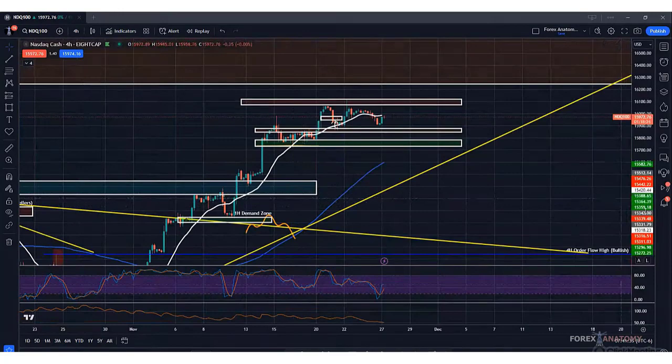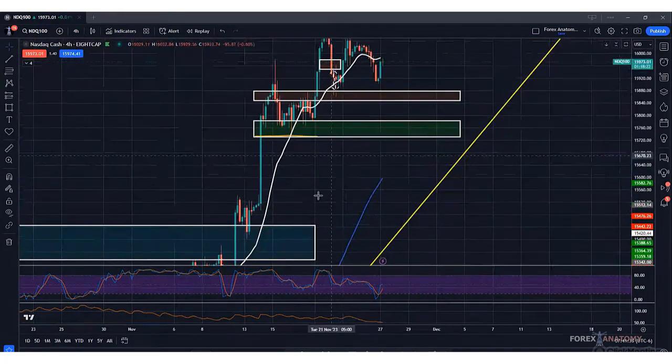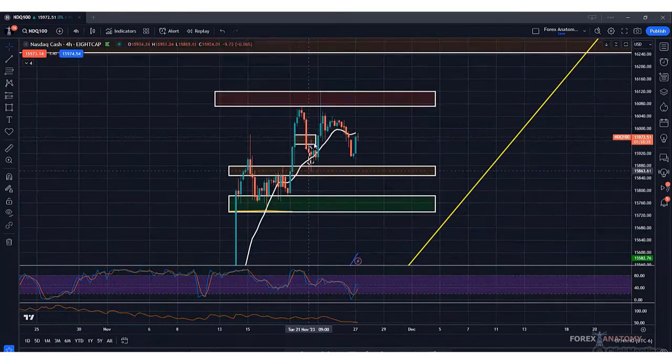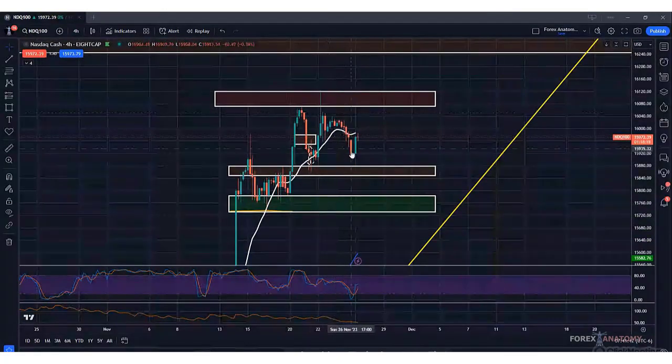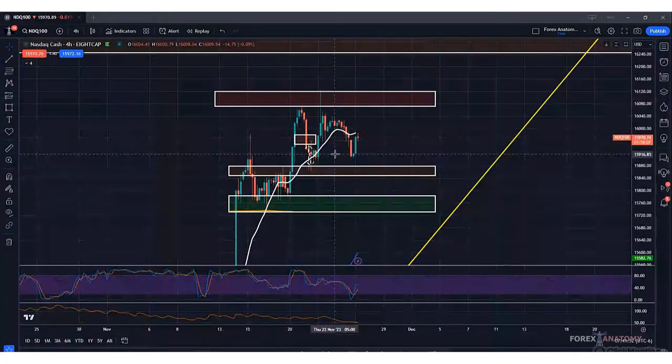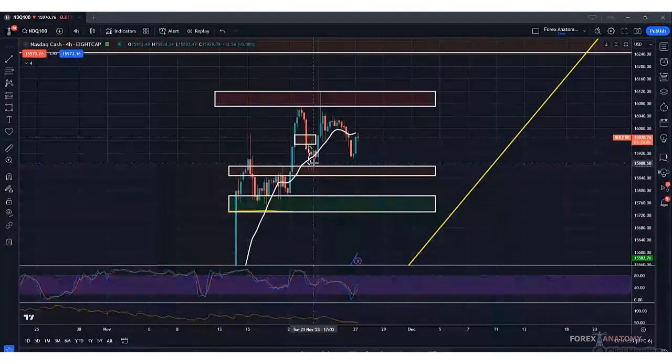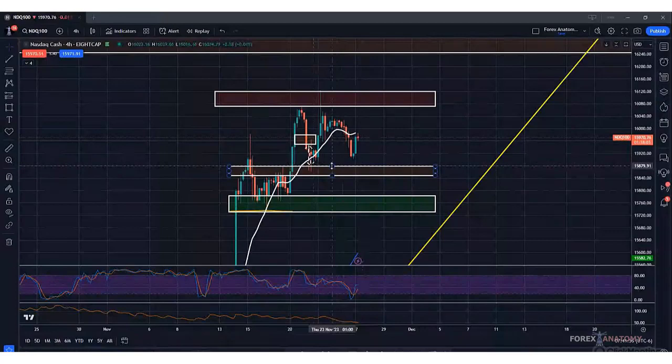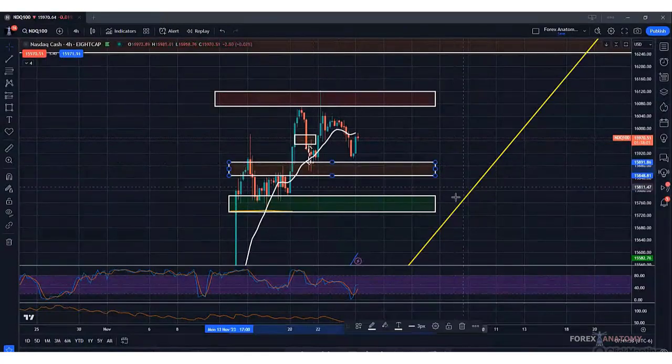And on the 4-hour, you can see this consolidation a bit better. Price formed what appears to be a double top, but it looks like it still wants to respect these lows. So we can see another push to the upside that retests these highs. I mean, that could very well happen for today.